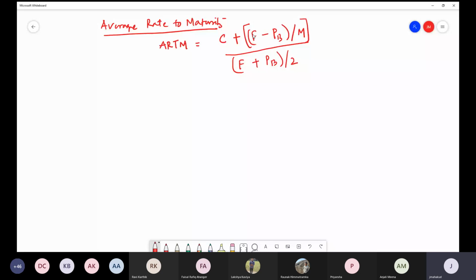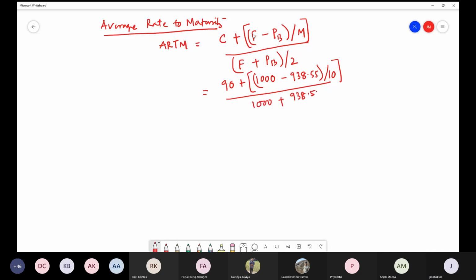So in our example, if you see, our coupon was 90. Our face value was 1000. Our price of the bond was 938.55, right? And our M was 10. Divided by your 1000 plus 938.55 divided by 2.